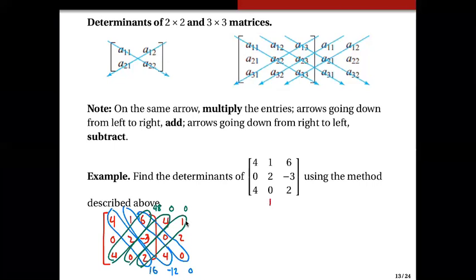So if I name this as matrix A, determinant of A, we will add all of these blues here. 16 minus 12 plus 0, minus because there's a negative in here, okay? And then we will subtract the greens.